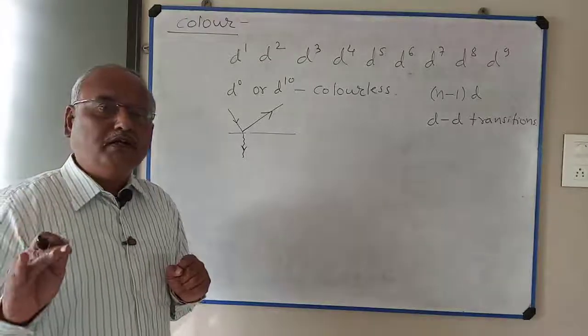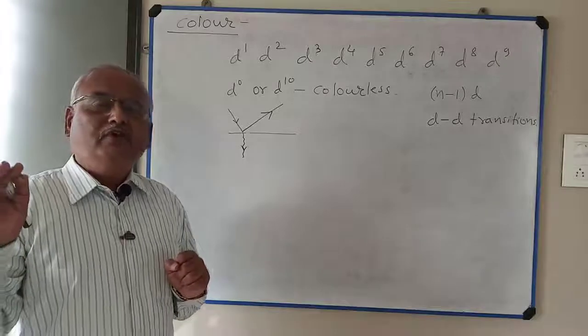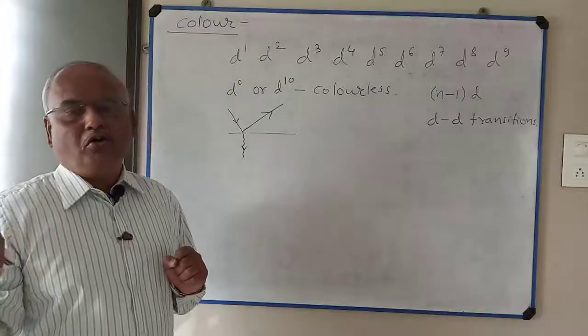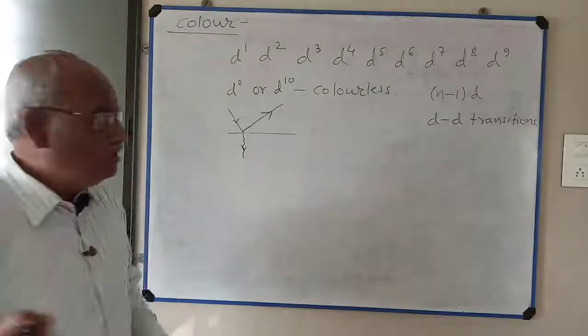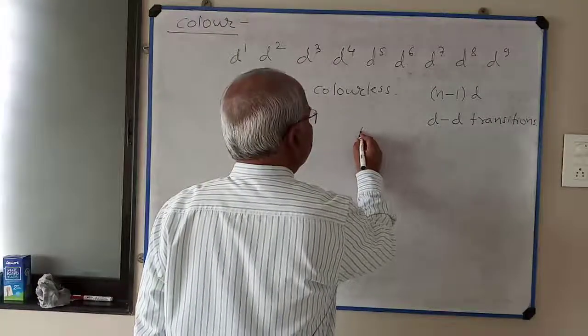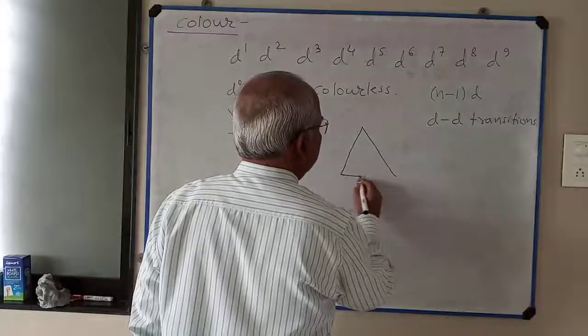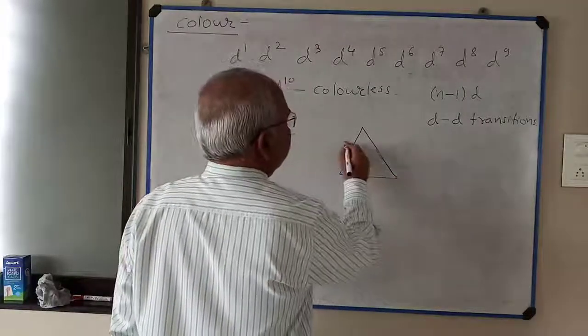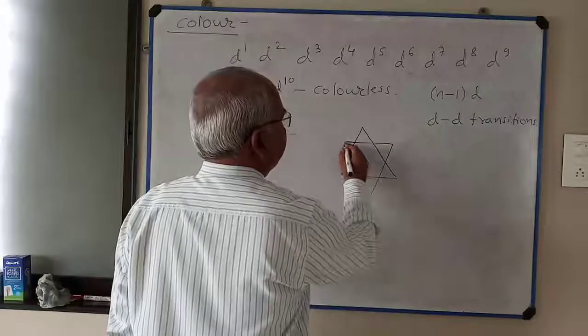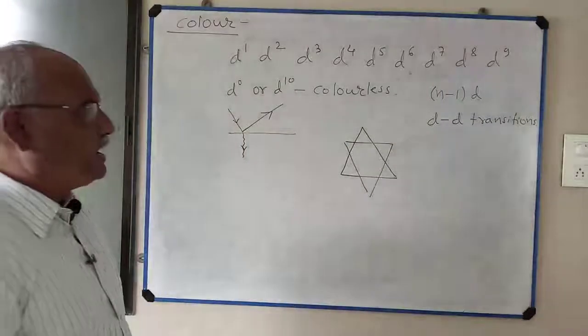The color of transmitted light is the complementary color of the absorbed light. The complementary color can be represented with the help of this diagram. This is one triangle. This is another triangle. This is a diagram.